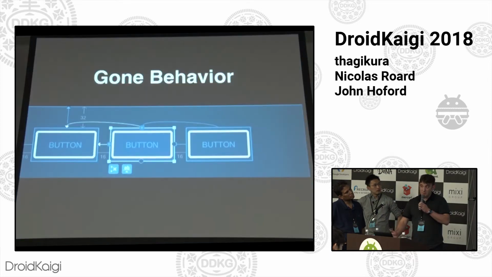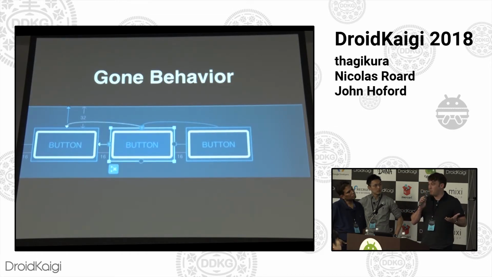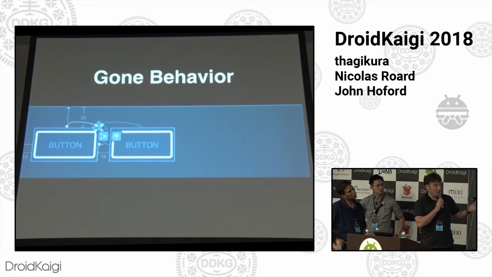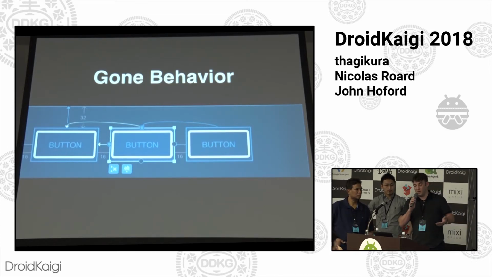Some of them are actually pretty interesting. The gone behavior is pretty different from other layouts on Android, where you mark one of your views, like the middle view, as being gone. Remember, for visibility, you can have visible, invisible, or gone.